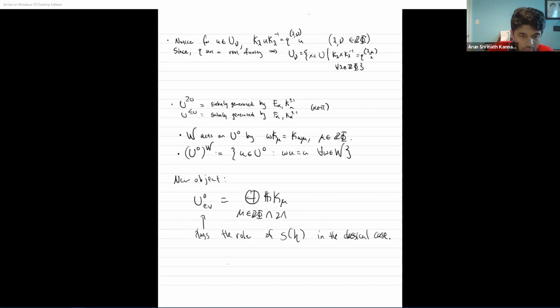Morally, it's the same phenomenon as the various types of representations that appeared in Leonardo's lecture. Since we have more representations, the center is going to be smaller than what you first expect.